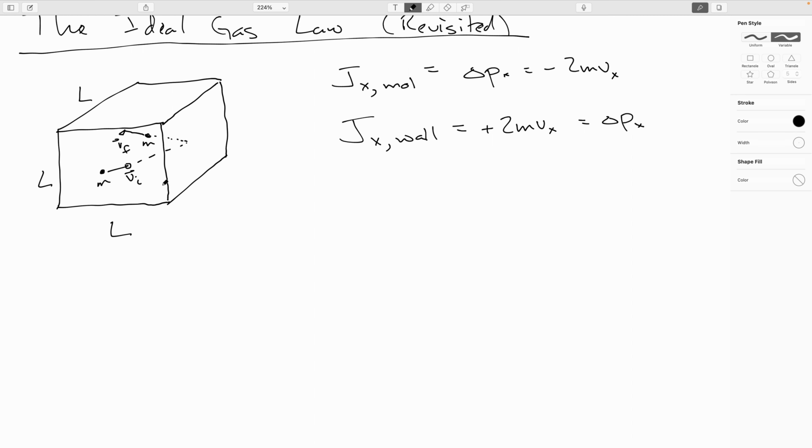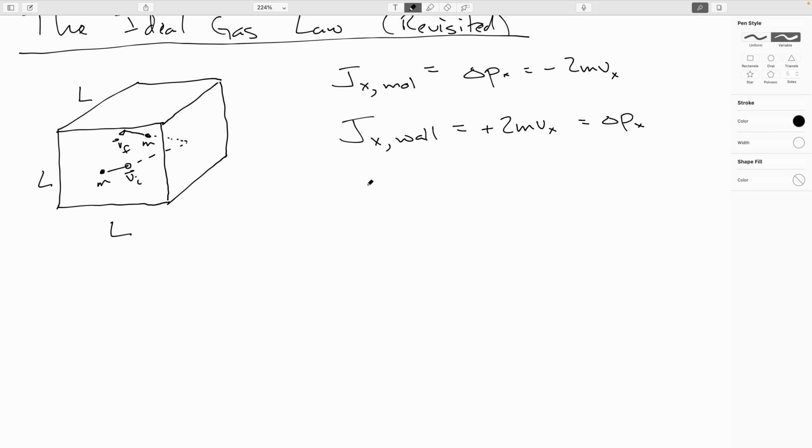All right. So if we think about this wall, what it means is that in x, this is just rattling back and forth. Constant speed, changes its velocity every half of a round trip from plus to minus. That's it in the x direction.